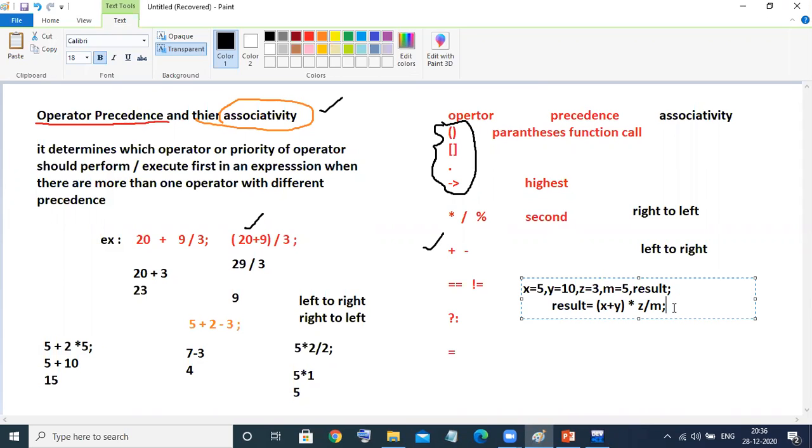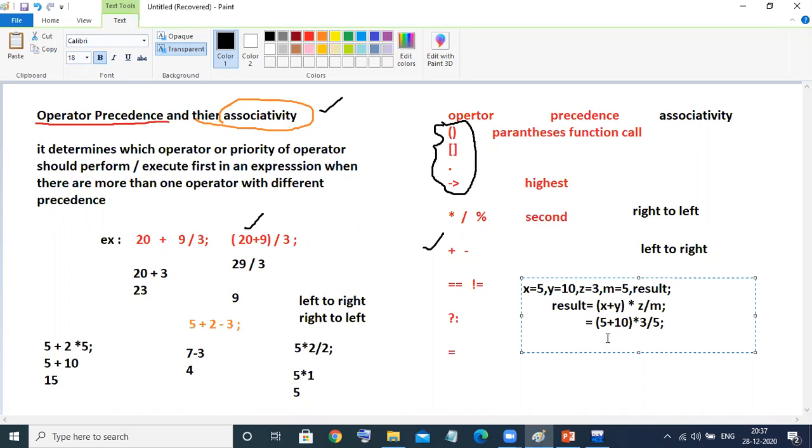Now we will put the values in front of this. x plus y is 5 plus 10, then multiplication, then z is 3 divided by 5.